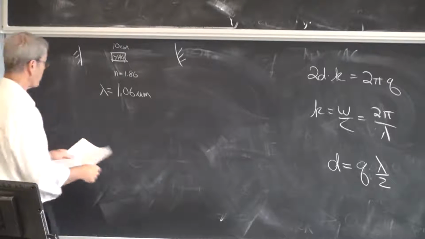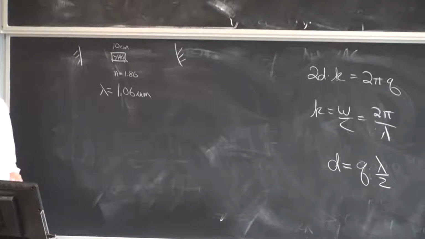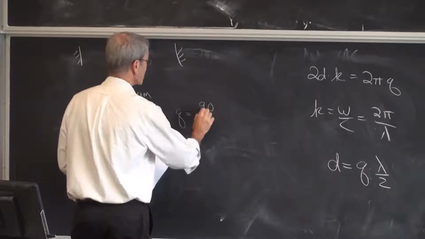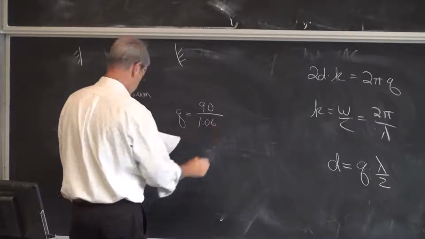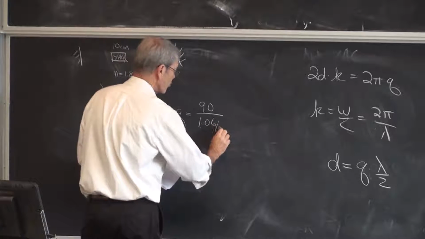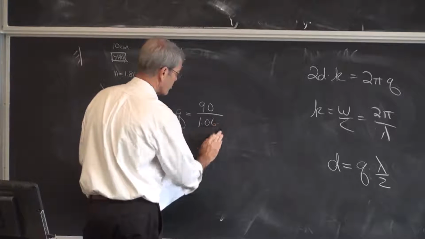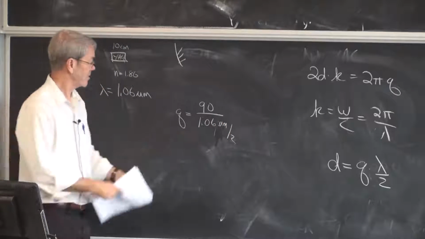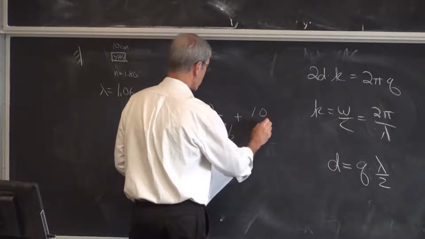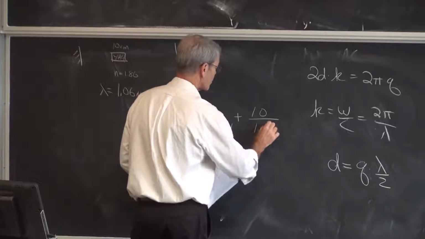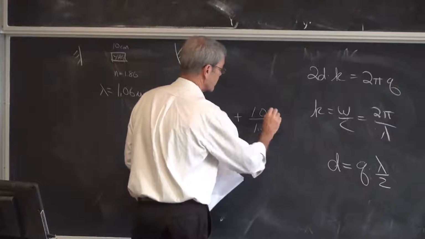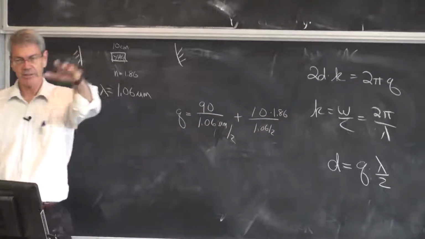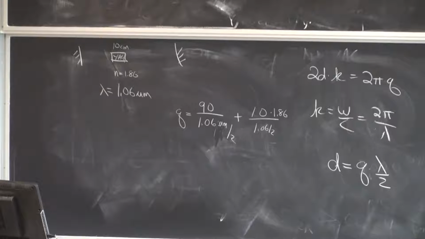We know that we've got 90 centimeters of air. So Q is going to be equal to 90 centimeters divided by 1.06 microns over 2, so this is lambda over 2, plus 10 centimeters divided by 1.06 over 2 times 1.86. I divide the wavelength by the index of refraction when I'm in an index material.